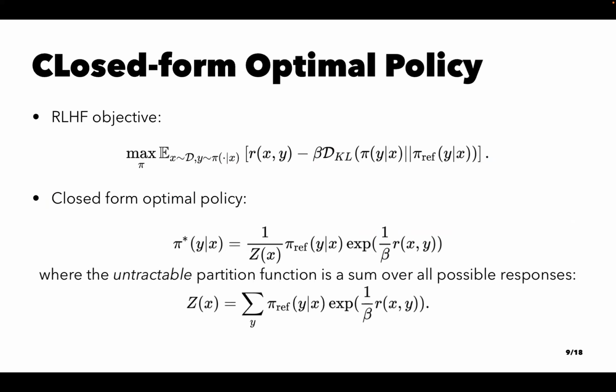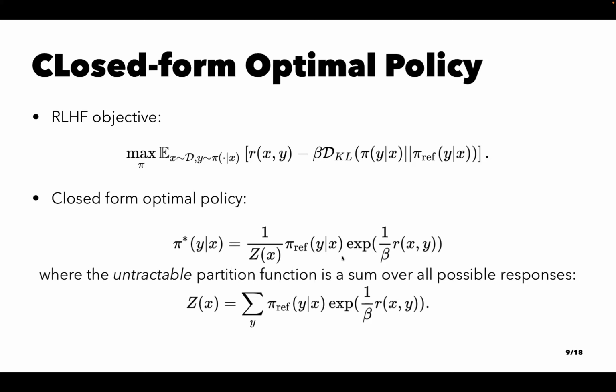So this is the RL objective that you know. Remember, there are two components: the reward model and the KL divergence term. The reward model can be any function here, right? And it turns out you can rewrite this term in a closed form with respect to the optimal reward function that maximizes this.